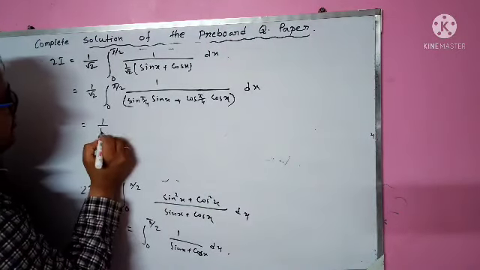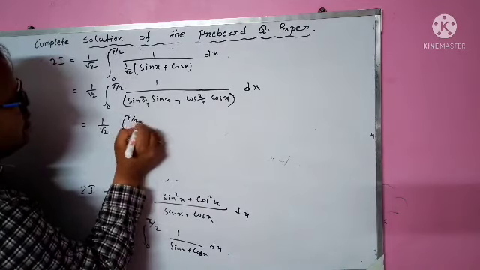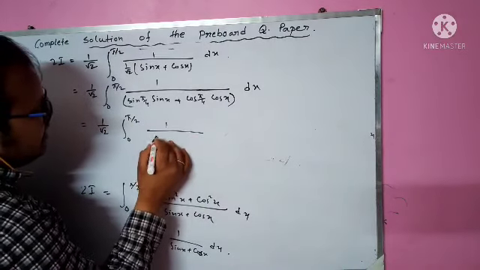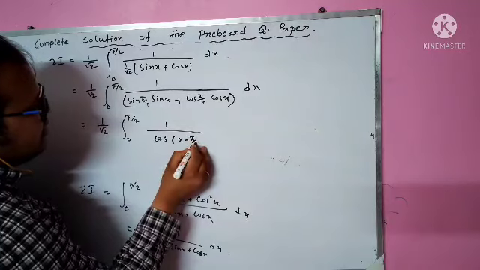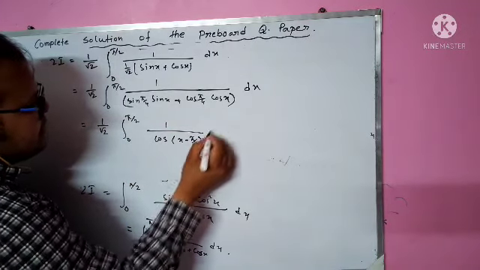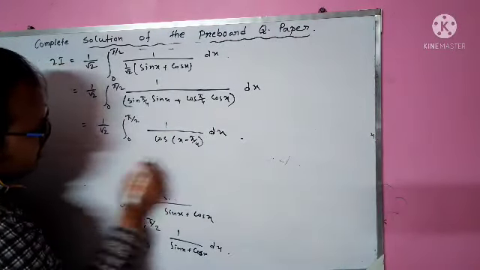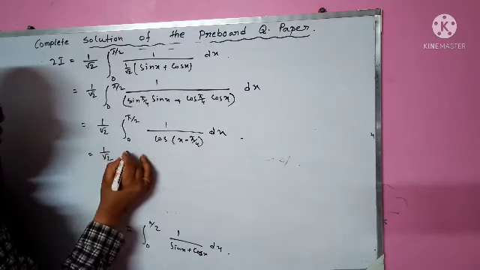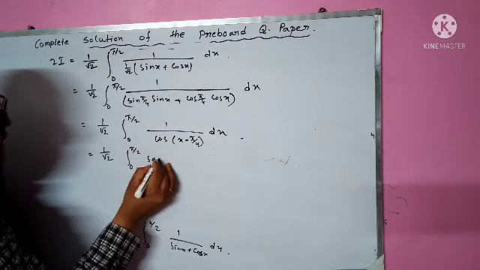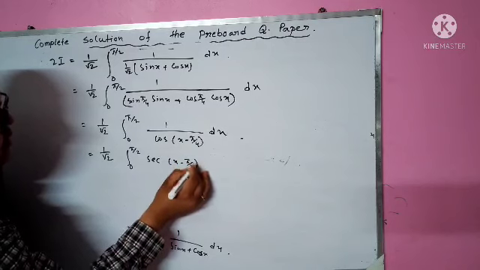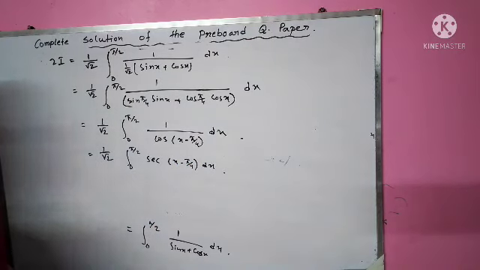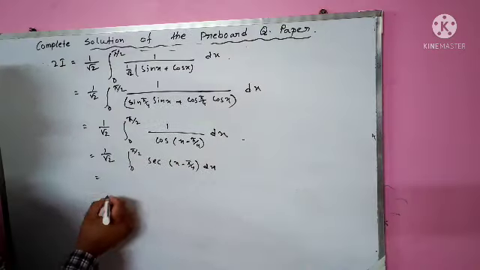Okay, so it is 1 by root 2, integral 0 to pi by 2, 1 divided by cos of x minus pi by 4 dx. This can be written as 1 by root 2 integral 0 to pi by 2 of sec of x minus pi by 4 dx.